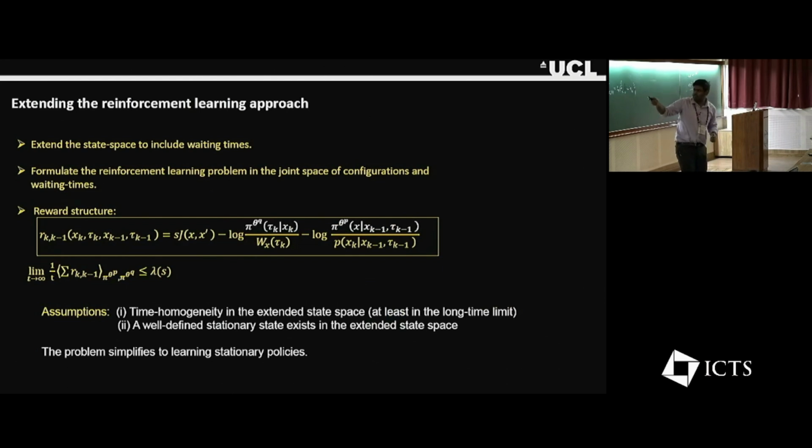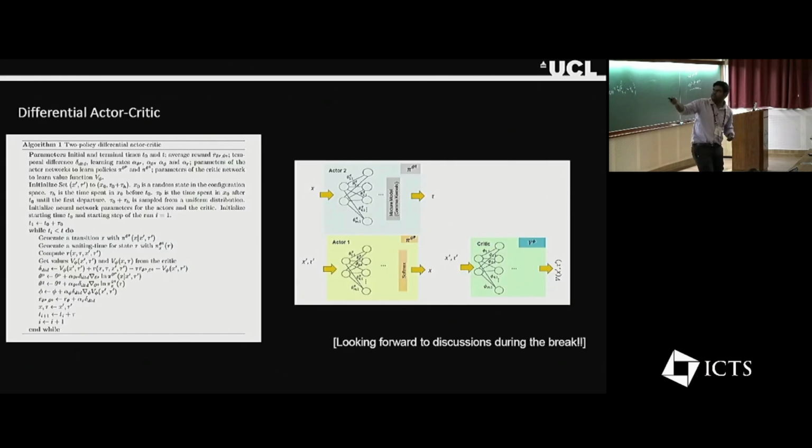After making some assumptions on the extended space pertaining to ergodicity, these two conditions, which we can discuss, we can construct a reinforcement learning problem on this extended state space.